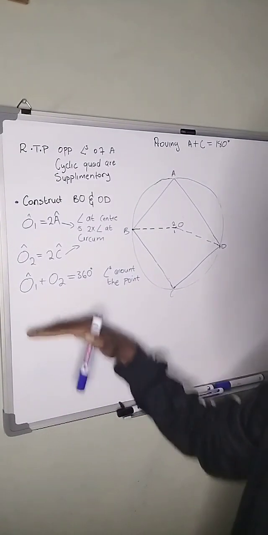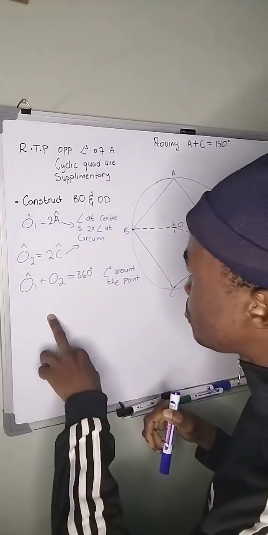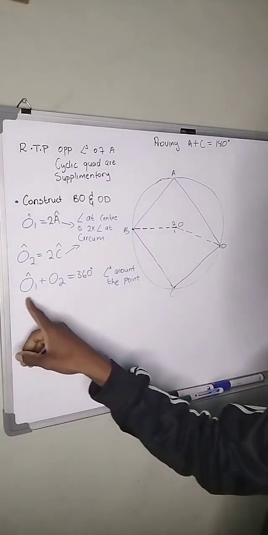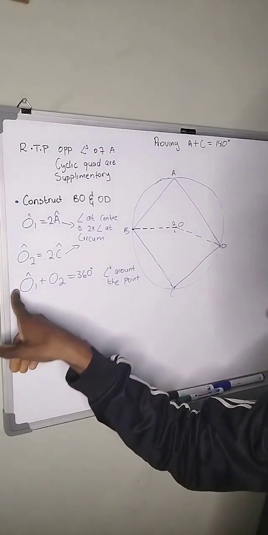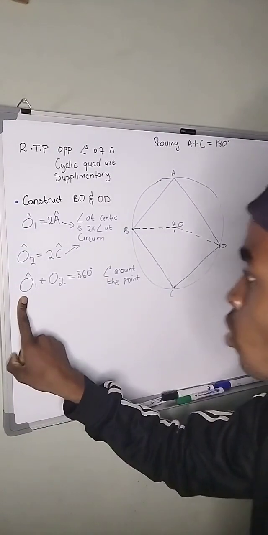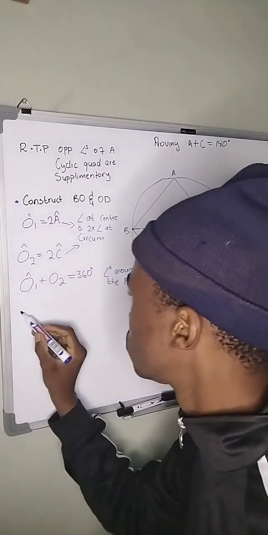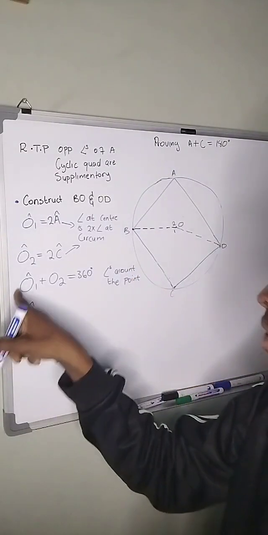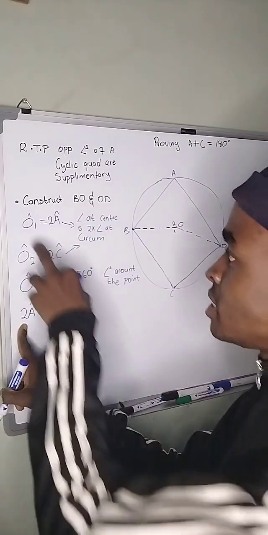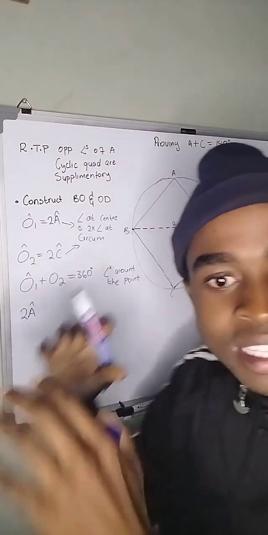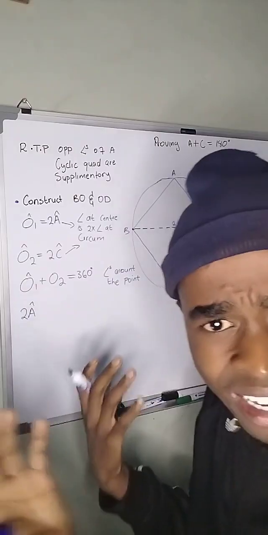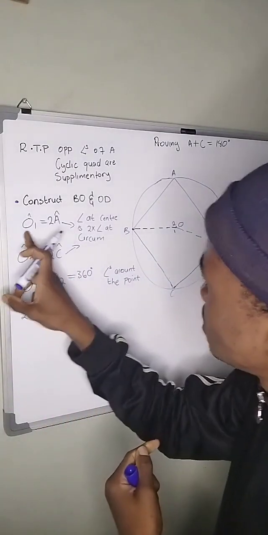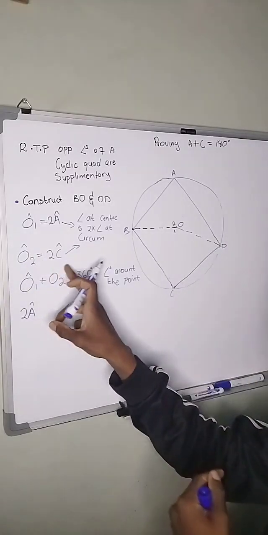They don't know what to write. So now what are you going to say? You're just going to replace this O1 with 2A. We are replacing this O1 with 2A since they are equal. You see how this script makes perfect sense, because you stated that this is equal to that and that is going to be equal to that.